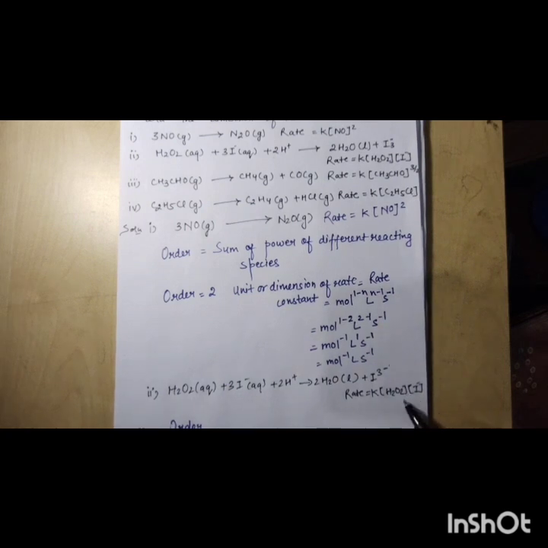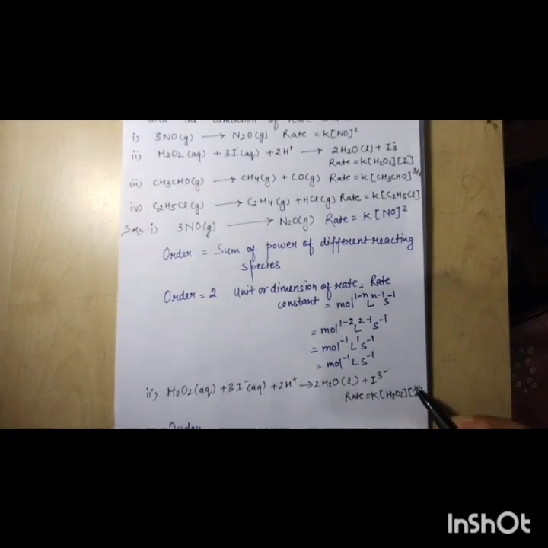So here H2O2 has no written power, meaning 1, and here also 1 power is there. So the total order will be 2. And you know that order will be neither negative nor fractional, it will always be positive. So here order will be 2 because it contains 1 power and it contains 1 power.